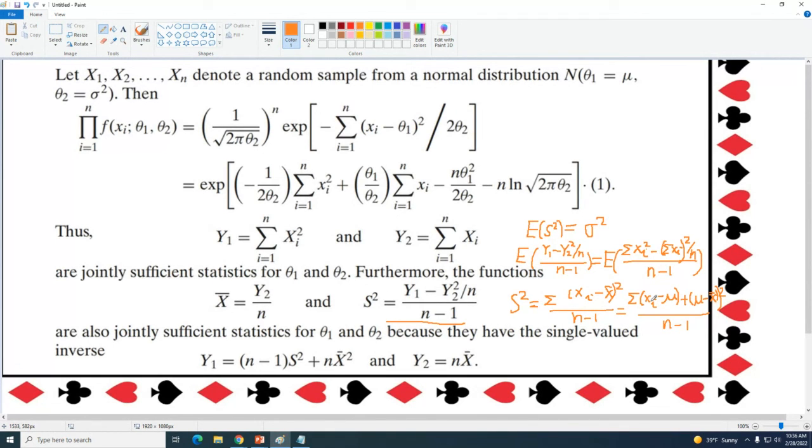Since another definition for sample variance would be the summation of xi squared divided by n, minus the mean squared, right? So we could rewrite it in those terms, right?